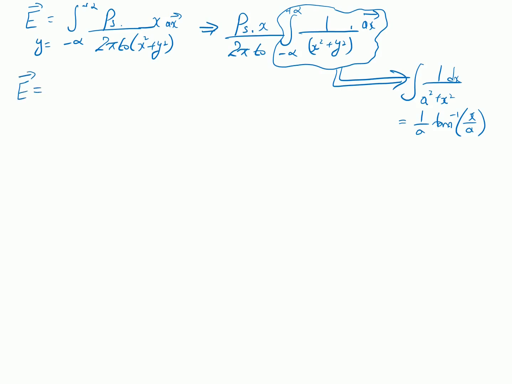So E comes out to be rho s with x over 2 pi epsilon naught, and the identity becomes, so this is basically your a and this is your x, so it will be 1 by x tangent inverse y by x with minus infinity to plus infinity.